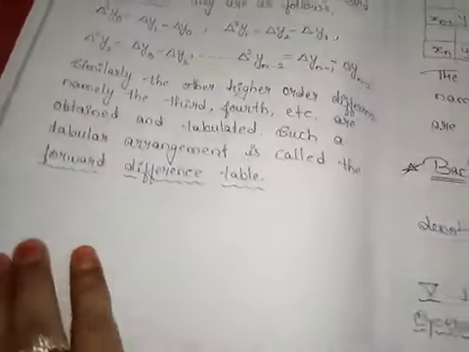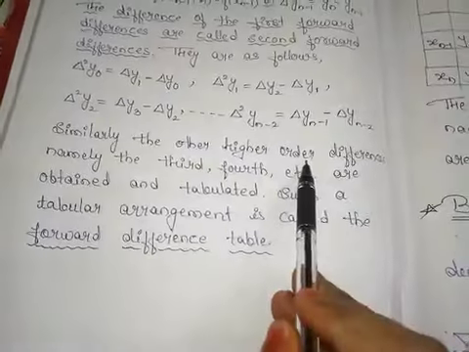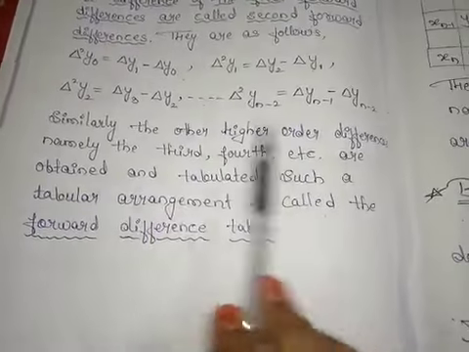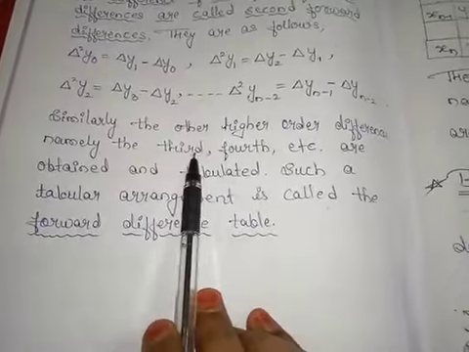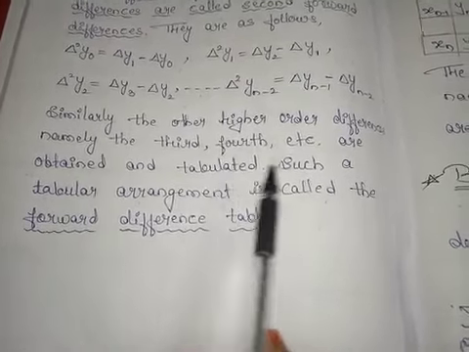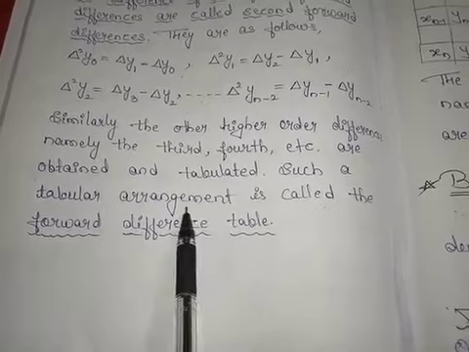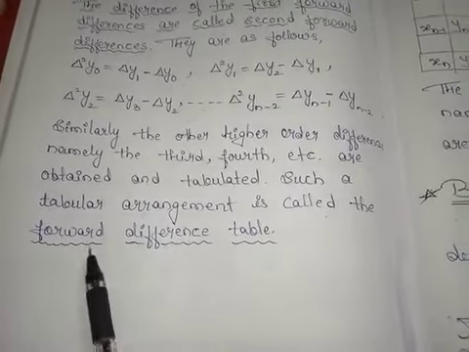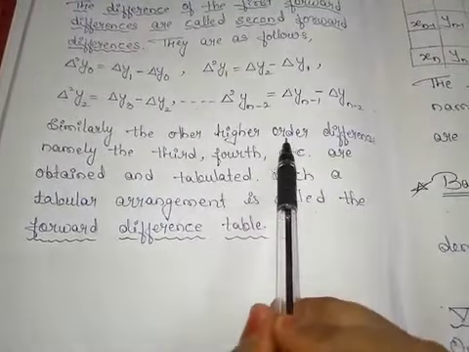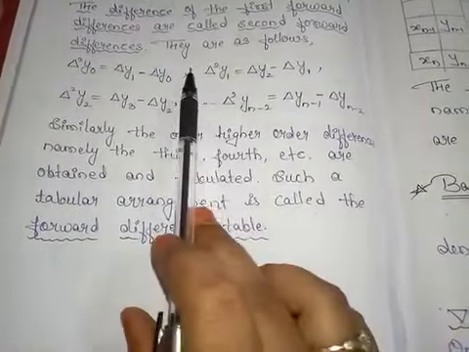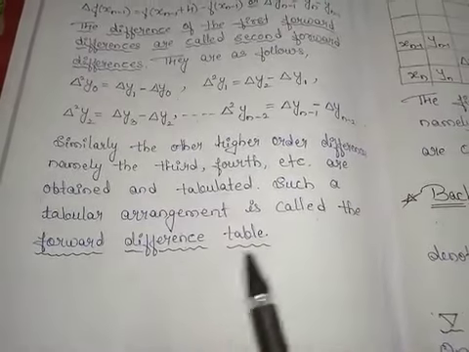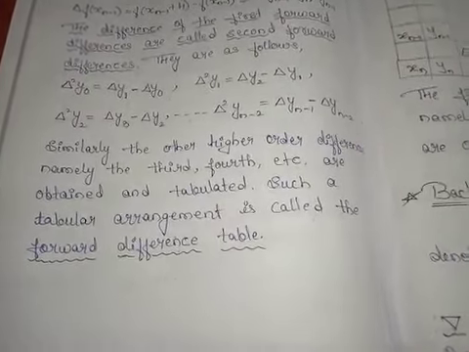Similarly, we will find the higher order differences. The other higher order differences, namely the third, fourth and so on, are obtained and tabulated. Such a tabular arrangement is called the forward difference table. We will find the higher order differences by taking the differences of the lower order differences.